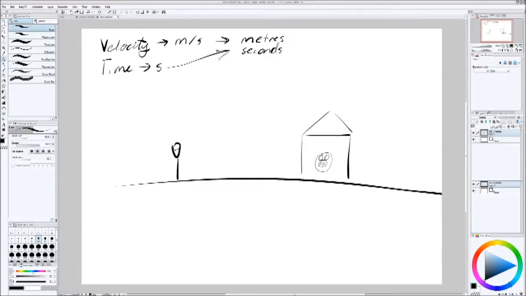So using that reasoning, what we need to know about are distances. We could look at, let's say, the distance from here to here, and we want to know the amount of time it takes for the bird to travel to that point. So we'll start with a simple one-dimensional system.